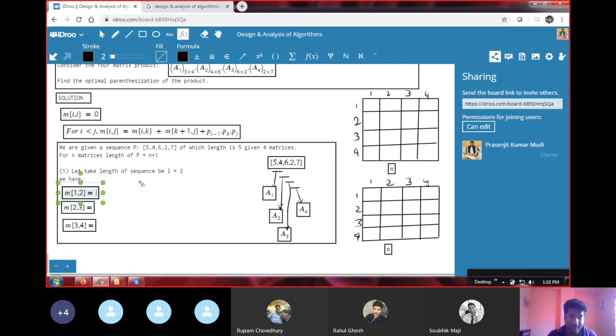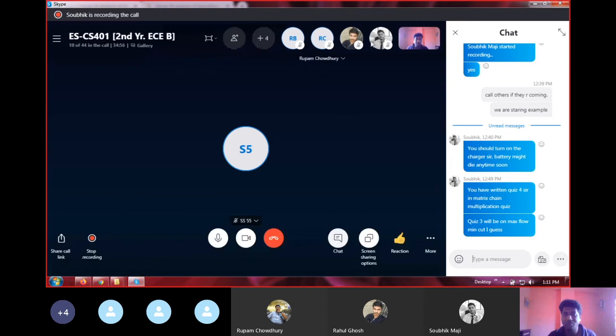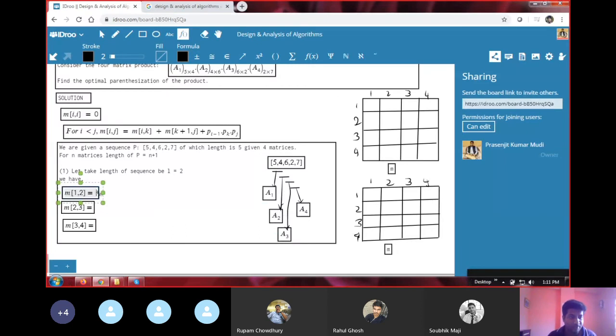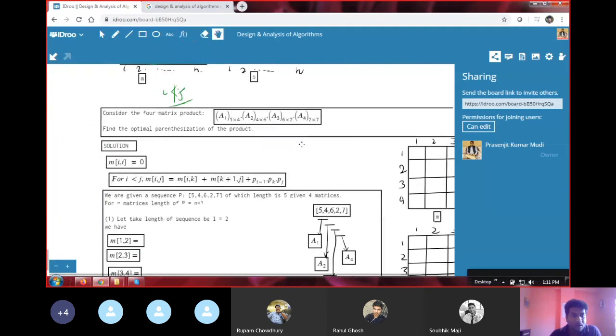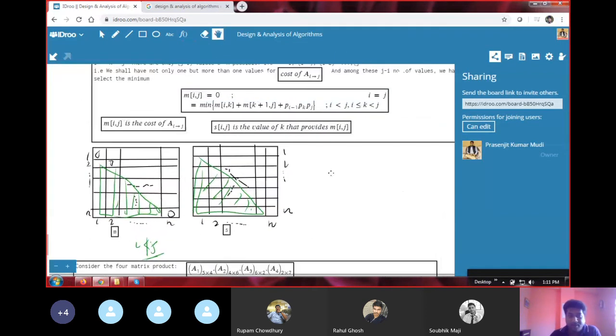We are given 4 matrices. Okay, so this is equal to, and this corresponds to, I just want to write here: what is the value of k? Can you tell me? One by one, those who have the answer, just interact. What is the value you have at this moment of k? I less than equal to k less than j.